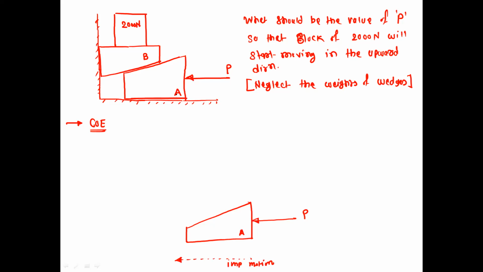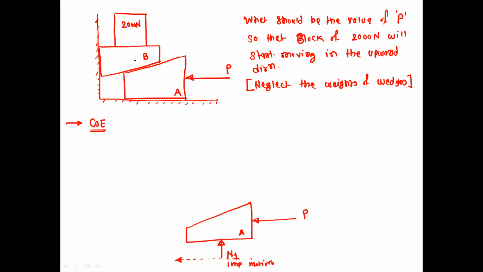Wedge A is kept on the horizontal surface, so it will offer one normal reaction. This is the normal reaction offered by the ground on wedge A. Let us take this value as N1. Then, the weight of wedge A is negligible.